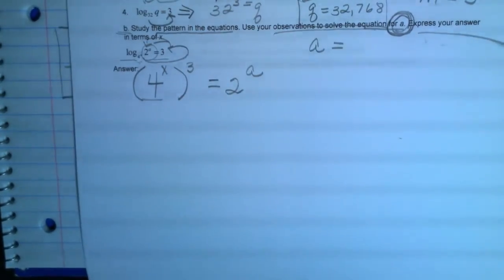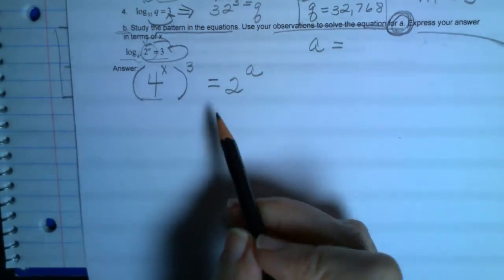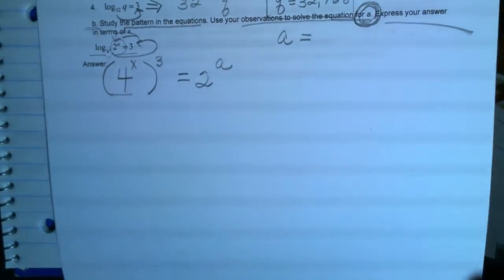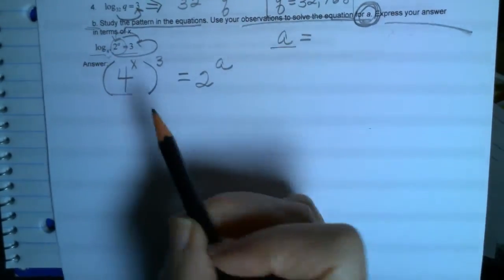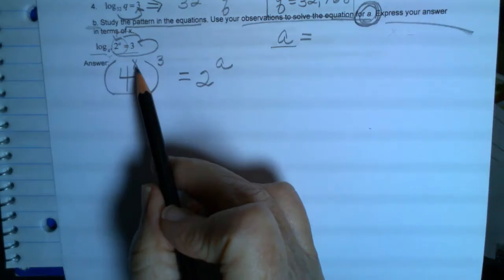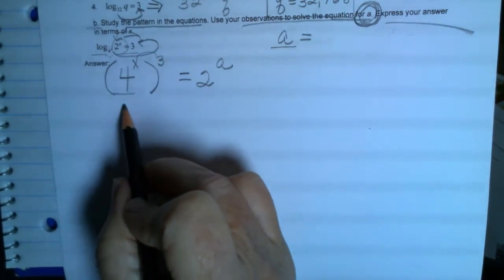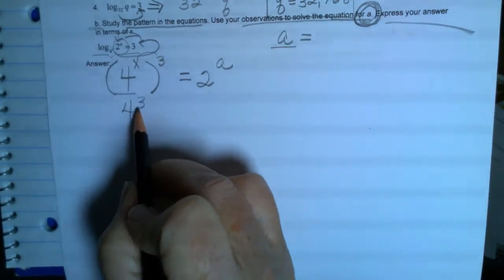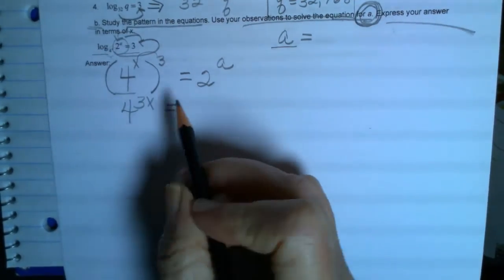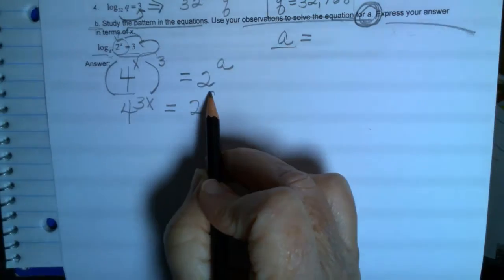Now we have an equation that we can work on solving. Remember, we're looking for a. When we raise an exponent to a power, we multiply these. So this is 4 to the 3x equals 2 to the a.